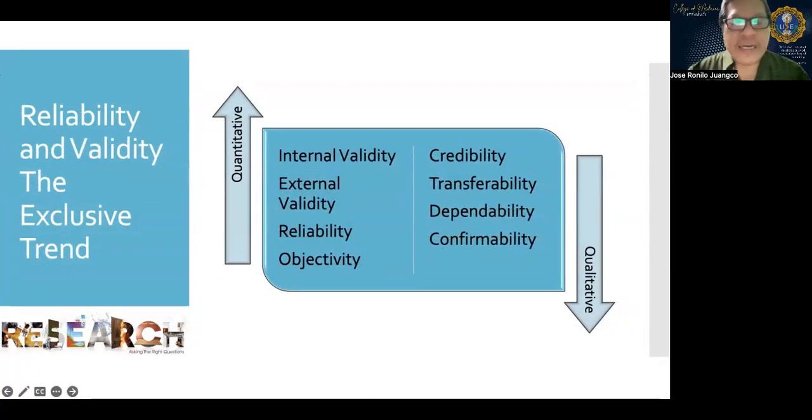So reliability and validity. Even if it's qualitative research, there should always still be reliability and validity. So for internal validity, we have credibility. When you say credibility, your data should be credible. How do you ensure that your data is credible? That's the reason why you have to have your transcripts confirmed by the subjects.